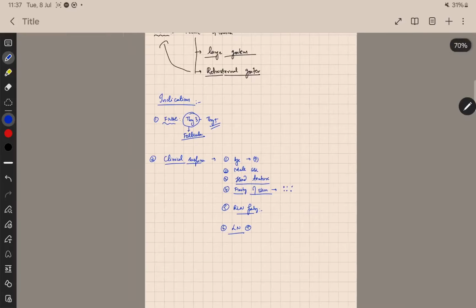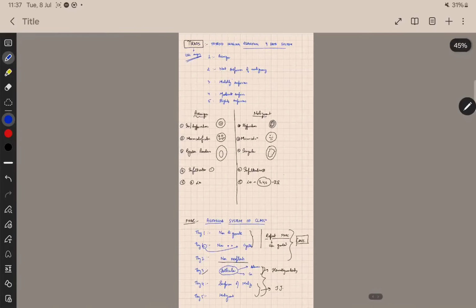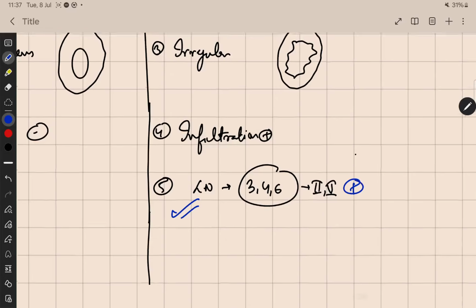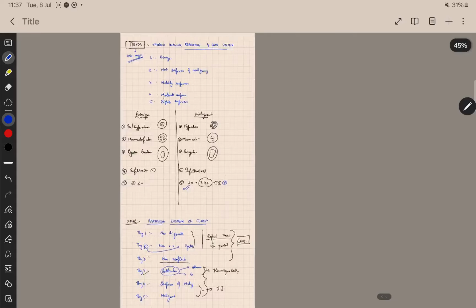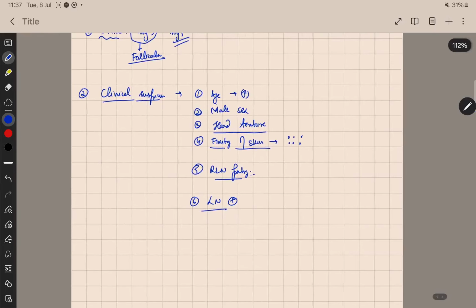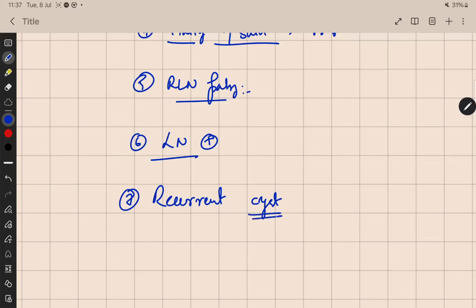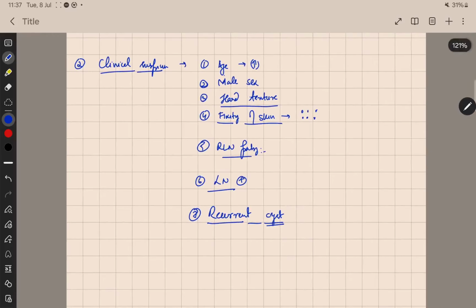As I told you before in this slide, lymph nodes will be positive in case of malignancy. So if there is lymphadenopathy or lymph node involvement, we can suspect it is a malignancy. And if it's a recurrent cyst, generally in a simple cyst we don't operate, we just aspirate if it is more than 5 ml. But in case of a recurrent cyst, there is suspicion of malignancy, then we have to do surgery.